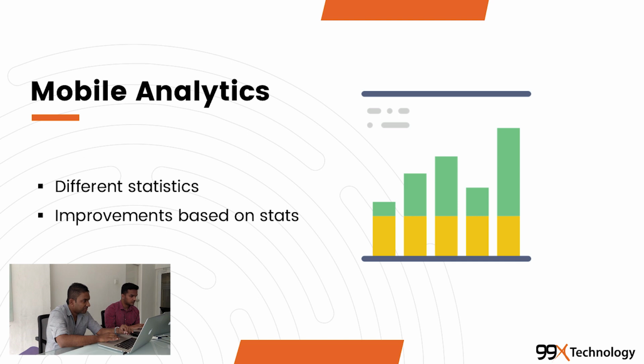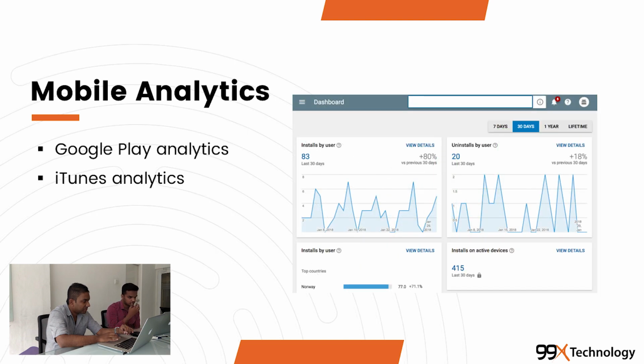So there are a couple of ways we can do analytics. One would be to use something like inbuilt analytics. Your Google Play has inbuilt analytics, and iTunes also has analytics inbuilt.